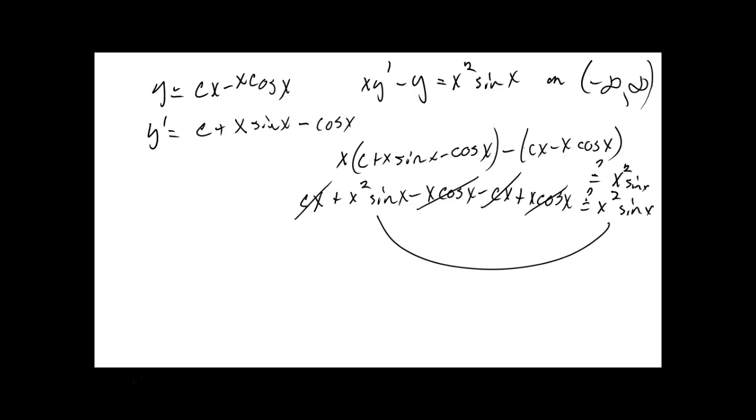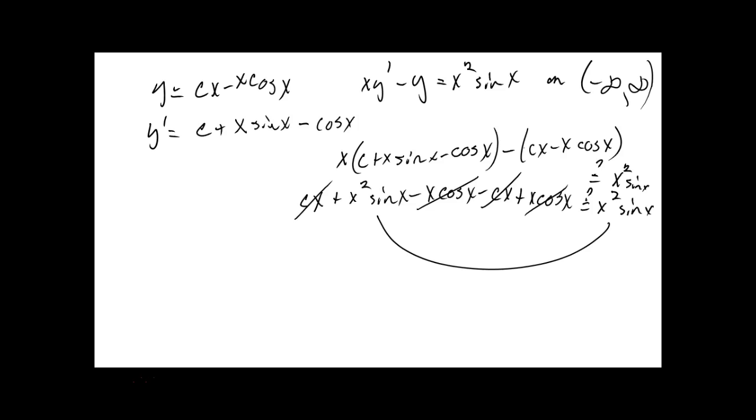Okay, now plug back in. x times y prime, which is this thing, minus y, which is that thing. Supposedly, that's equal to this thing. That's what I plugged in. You plugged in the y prime where y prime was, plugged in the y where y was, and then just wrote down the x's wherever they were.